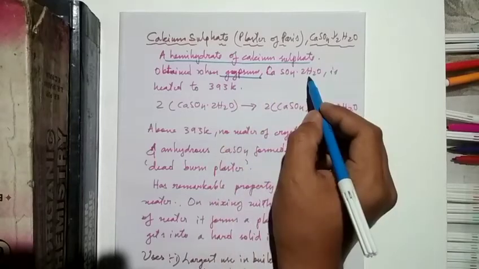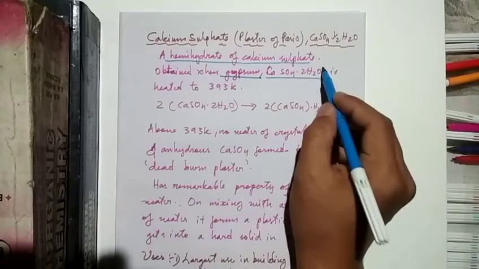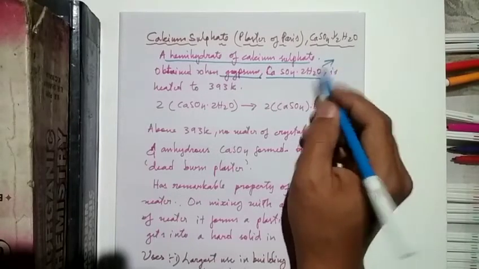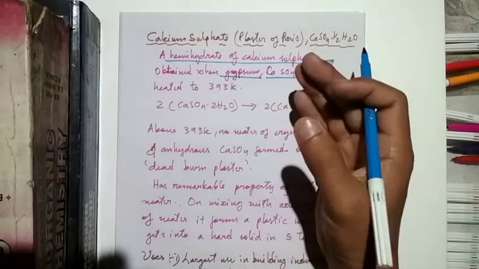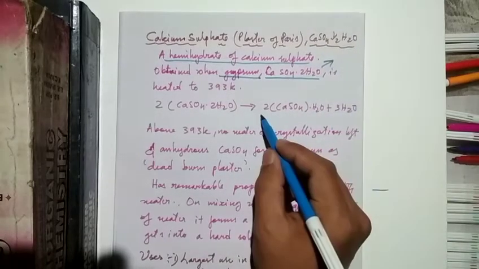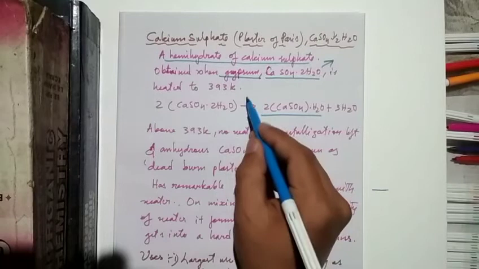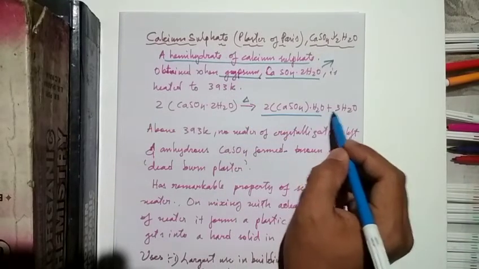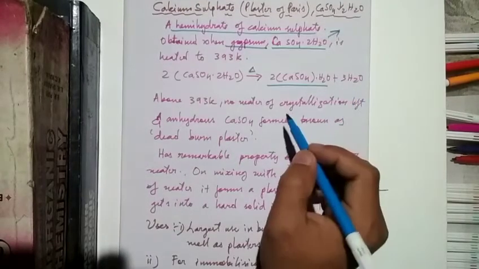When we heat this calcium sulfate, it loses some of its water, which evaporates, and we get calcium sulfate hemihydrate and water molecule.